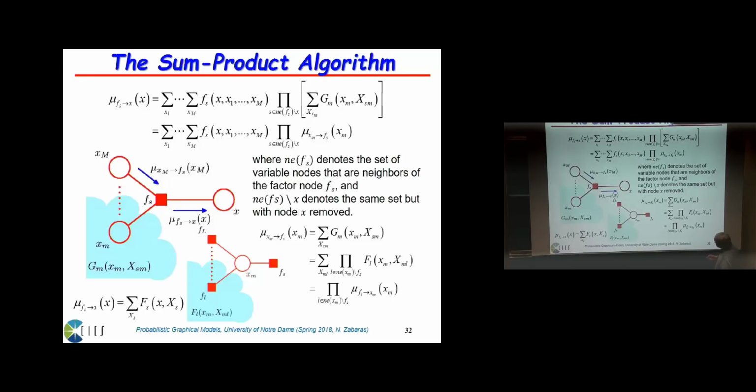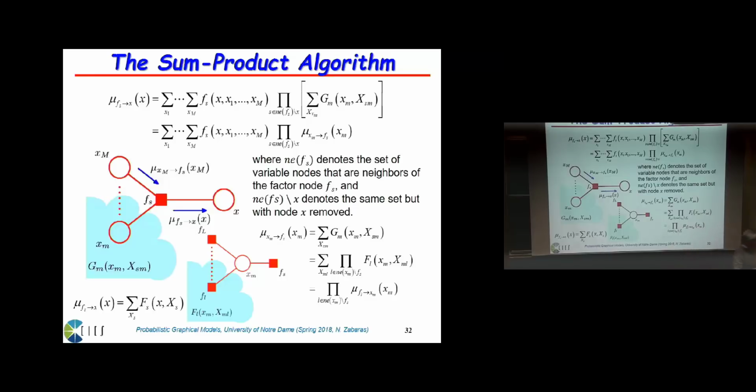So the message from Fs to x is this factor times all the incoming messages to this factor, and then, because each of these messages is a function of these nodes, you have to integrate all of these nodes out. And again, you may ask what these messages are. These are the messages once you eliminate everything past those particular nodes.